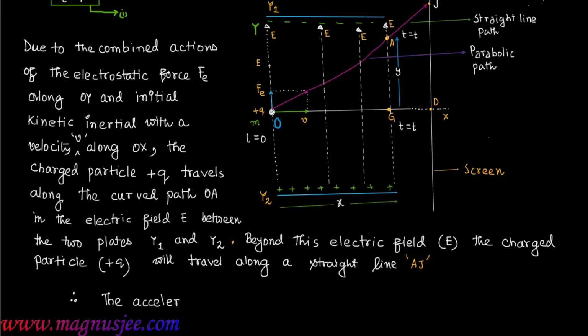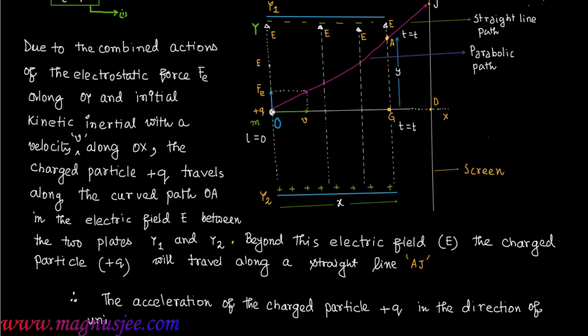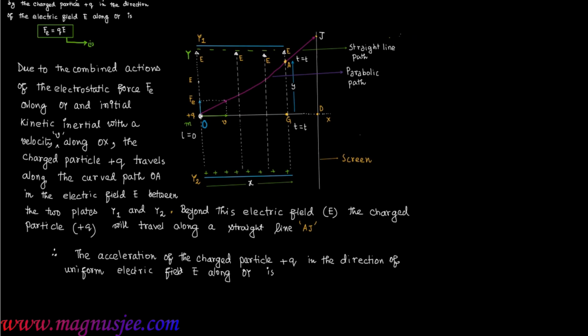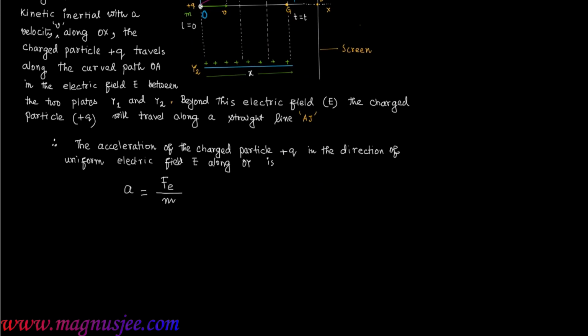Therefore, the acceleration of the charged particle plus q in the direction of a uniform electric field E along OY is a equal Fe by m, or a equal qE divided by m.